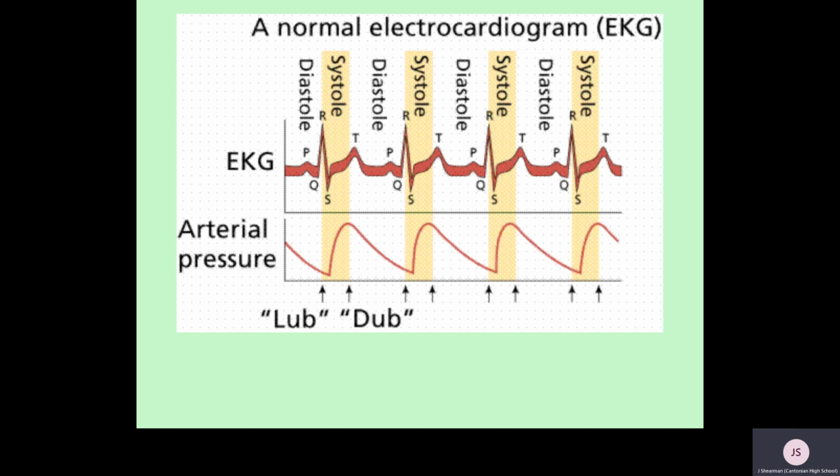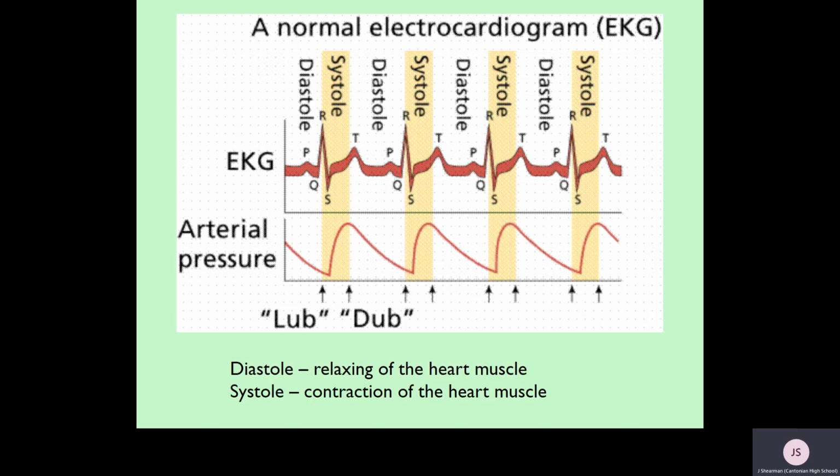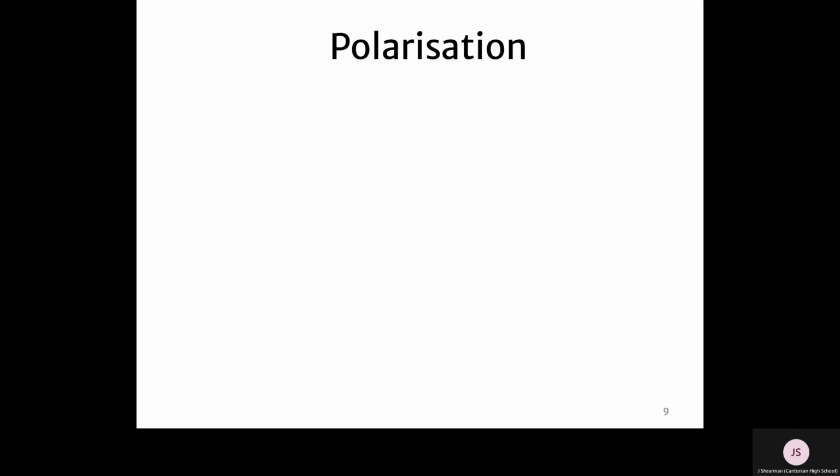Now, before we look at what the ECG means in more detail, I just want to explain a couple of key terms about the electrical impulses in the heart. So the terms we're going to be looking at are depolarization and repolarization.